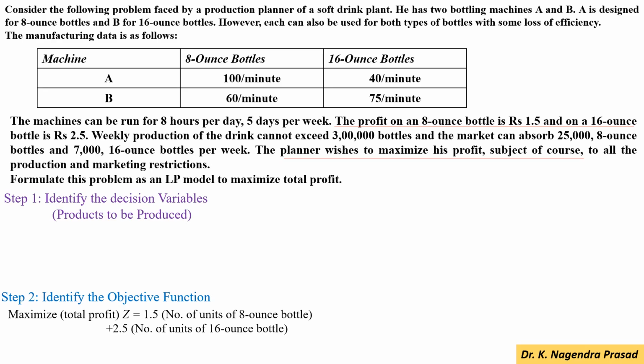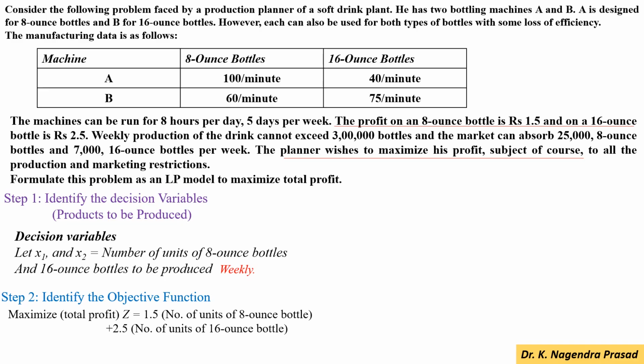So, maximize Z, that is total profit. Maximize Z equal to 1.5 rupee on 8-ounce bottles and 2.5 rupee on 16-ounce bottles. So, maximize Z equal to 1.5 into number of units of 8-ounce bottles plus 2.5 into number of units of 16-ounce bottles. And we know that the objective function involves the decision variables.